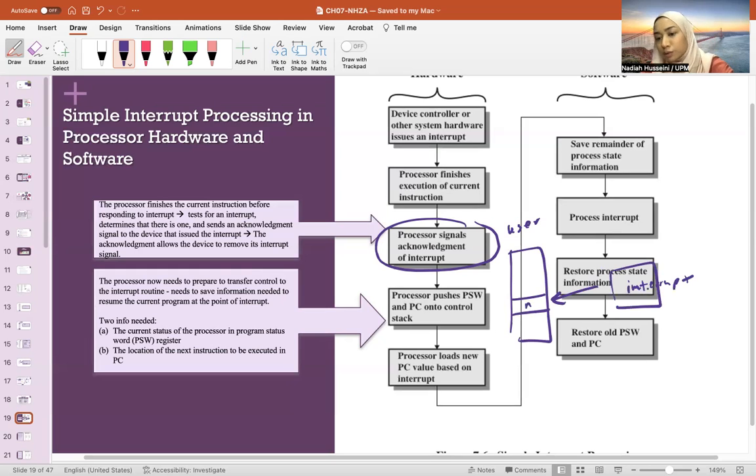So before it goes to process this interrupt, it needs to know what the status is or where it should come back after it is done processing the interrupt.